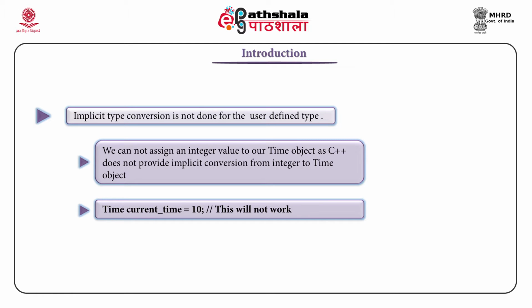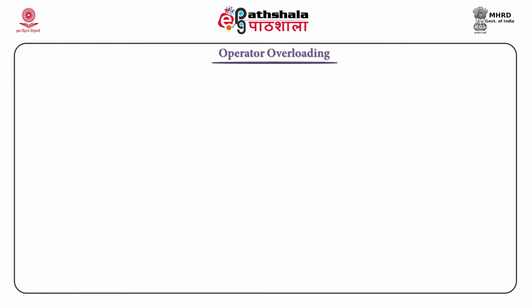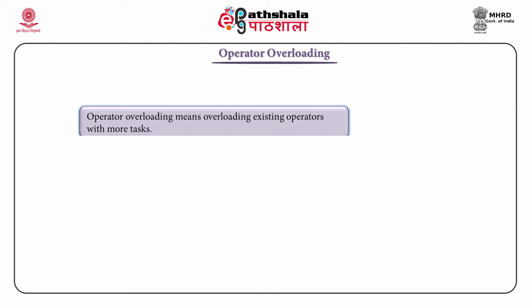So, due to all those things, we are not able to use our own defined data type with as much ease as we are able to use standard data types, but as we said before, C++ allows you to overload these operators, and with a little more work we can modify the time class to make all of these things work for us.